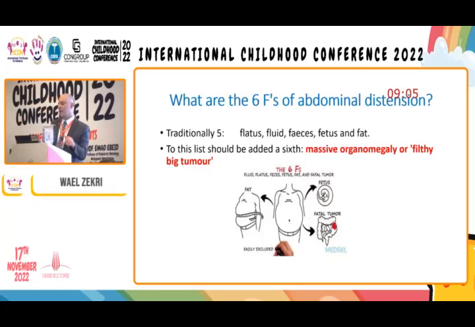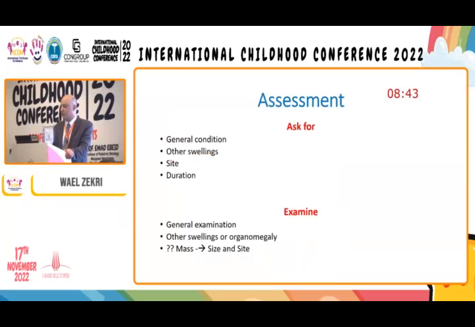And the 6th F is for a filthy big tumor or a fatal tumor. So it's not only fluid, it's not only gases or fecal matter or fat in the tummy, but we can have a tumor.